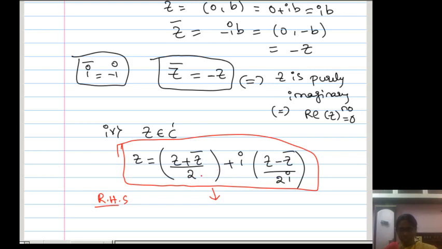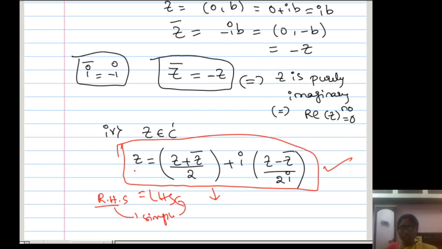Z by 2 plus Z bar by 2 plus Z by 2 minus Z bar by 2. So Z bar by 2 minus Z bar by 2 cancel. What is left? 2Z by 2. The 2 cancels. Finally you get Z, which is nothing but the LHS. What did I understand? If you simplify the RHS, you are getting the LHS. It means I can write Z as equivalent to this. It is correct. I have written it in this form because if you simplify the RHS, you obviously get the LHS.